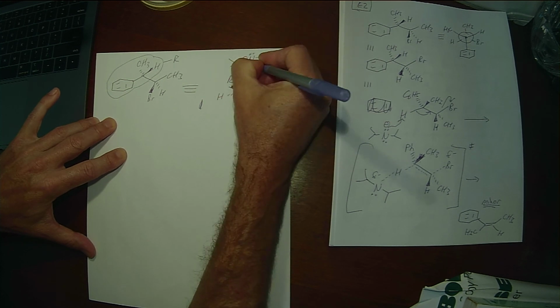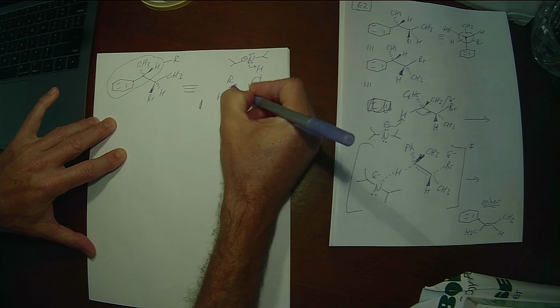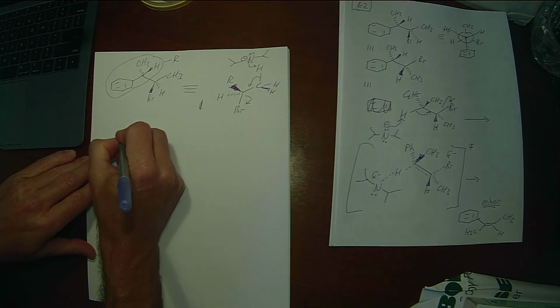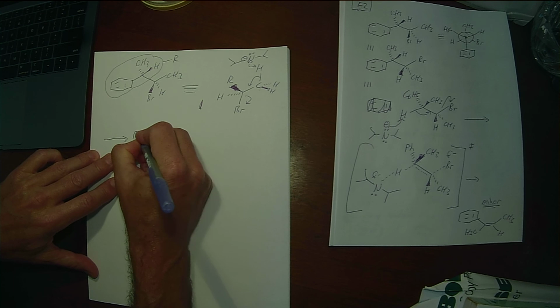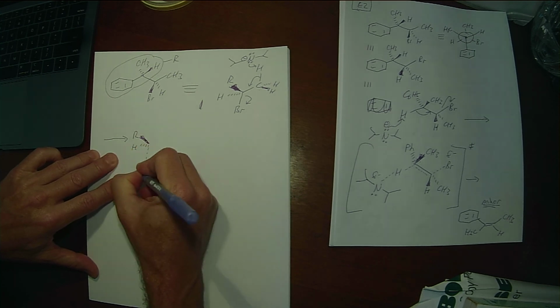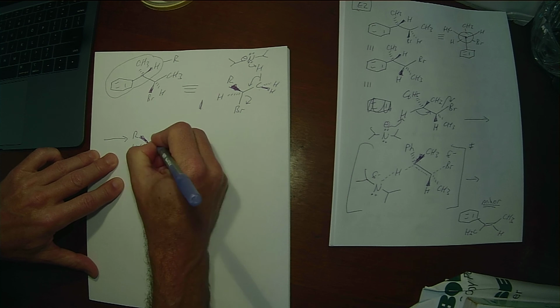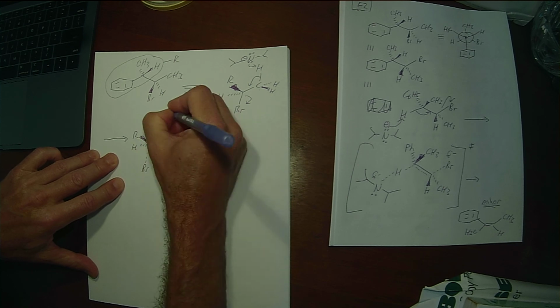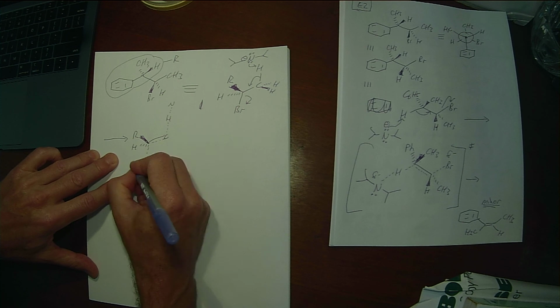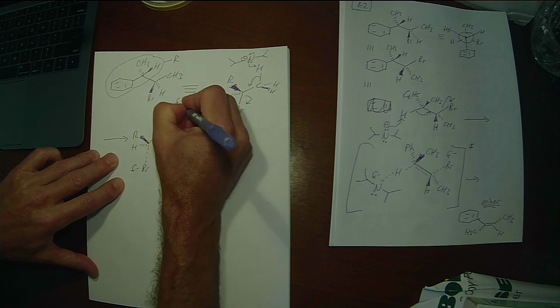My nitrogen is going to pluck that hydrogen off, form the pi bond, and kick the bromine out, yielding a transition state that looks like this. There's a partial bond to the bromine, a partial pi bond, a partial bond to that hydrogen, and a partial bond to the nitrogen, and now the charges are split.